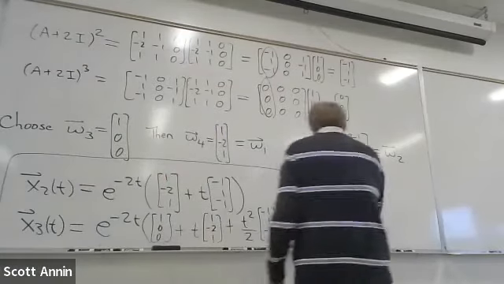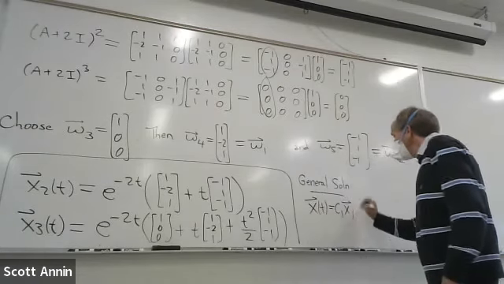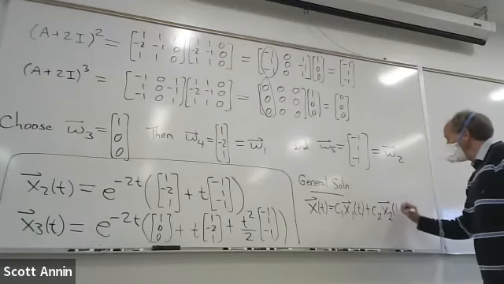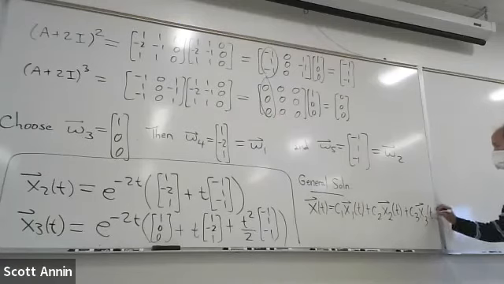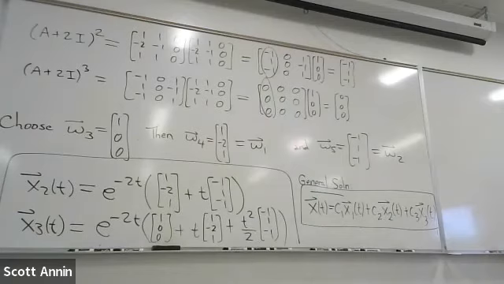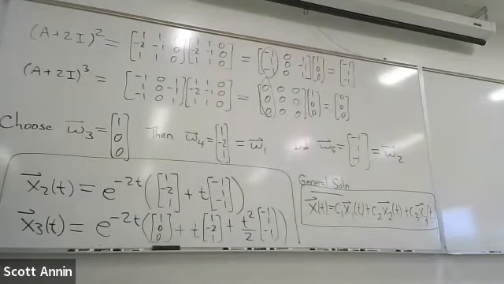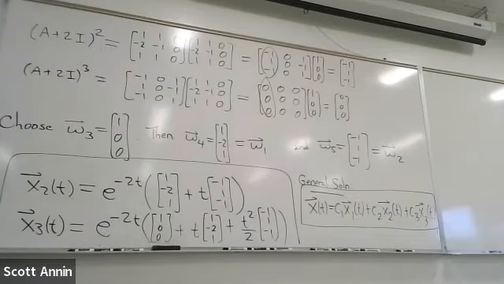So if you just want to say X of t equals C1 X1 of t plus C2 X2 of t plus C3 X3 of t, and you just want to put a box around that and consider that a good enough answer, I am fine with that. As long as you've labeled everything. This has to be labeled with an X1, an X2, and an X3, so that I can then make the connection there. But that's fine.